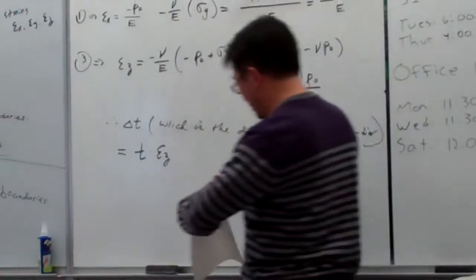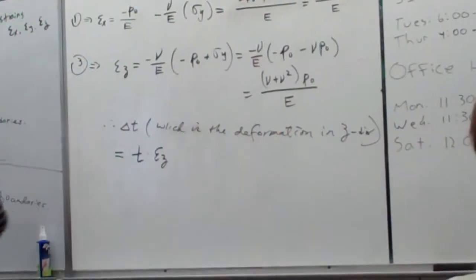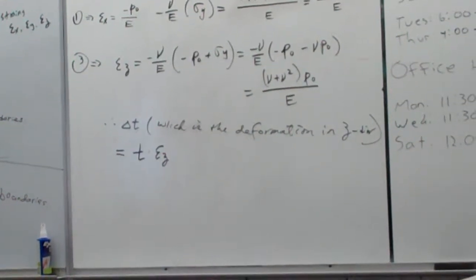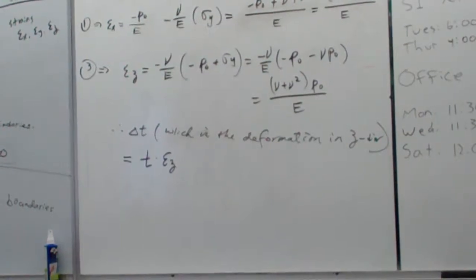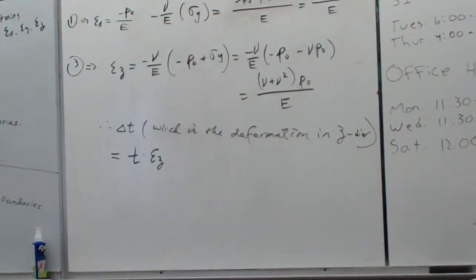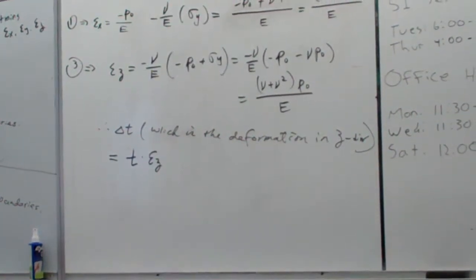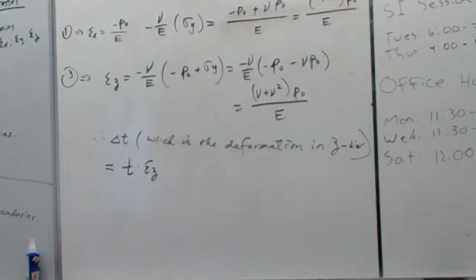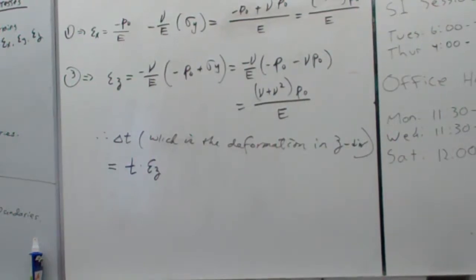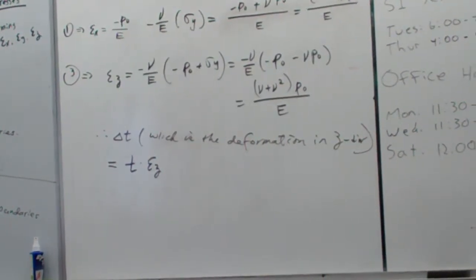Why? Do you remember in our one-dimensional model, from the beginning of our chapters, we have the model with load P like this, and this is our whole dimension L, and this is our deformation delta. So the strain equals delta divided by L, right?